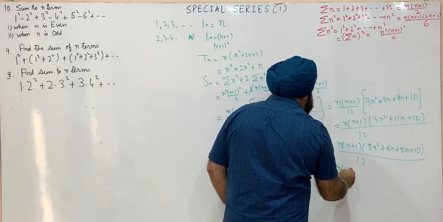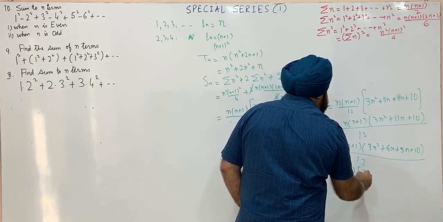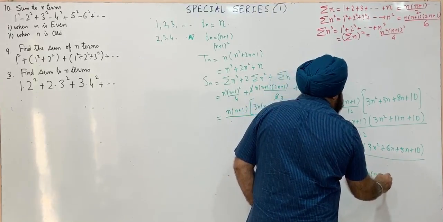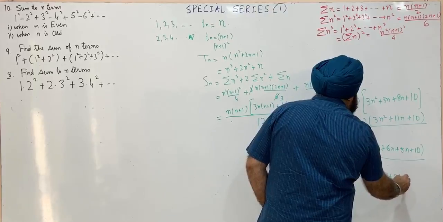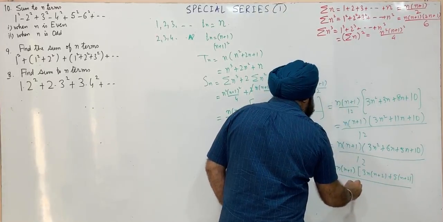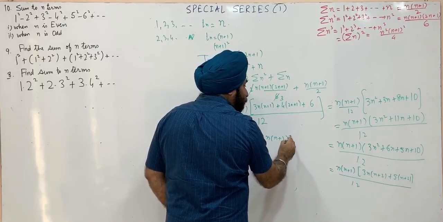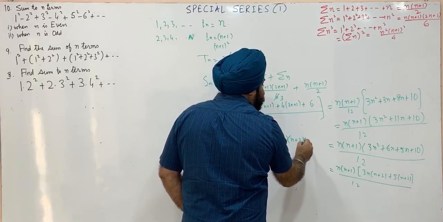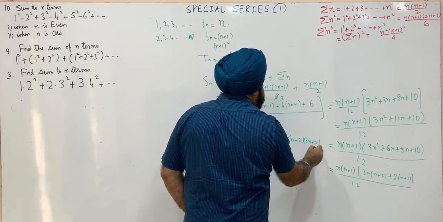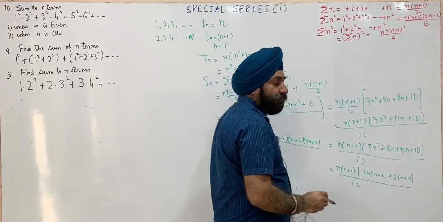So n into n plus 1, 3n common, it's n plus 2, 5 common, n plus 2 upon 12, and this is n into n plus 1, n plus 2 into 3n plus 5, and whole divided by 12. This is the answer.